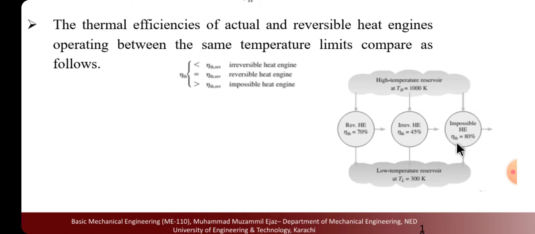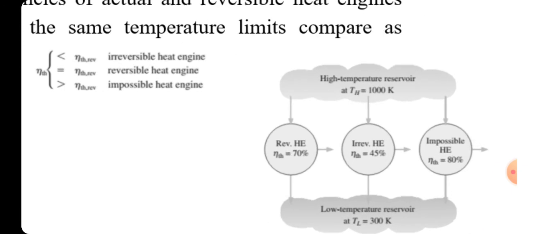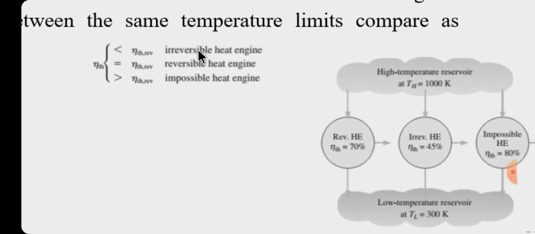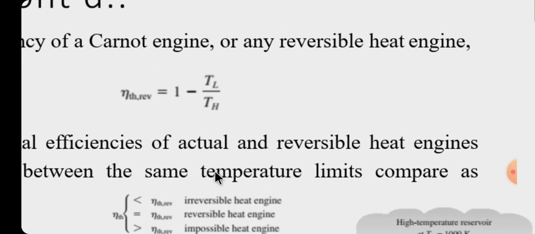And in this picture, it is impossible to have an efficiency of 80%. When the efficiency of the reversible cycle is 70%, how can the same system between these two reservoirs have 80% efficiency? It is impossible. That's why it is written here as impossible. No efficiency will be greater than the reversible cycle when operating between the same heat source and heat sink.